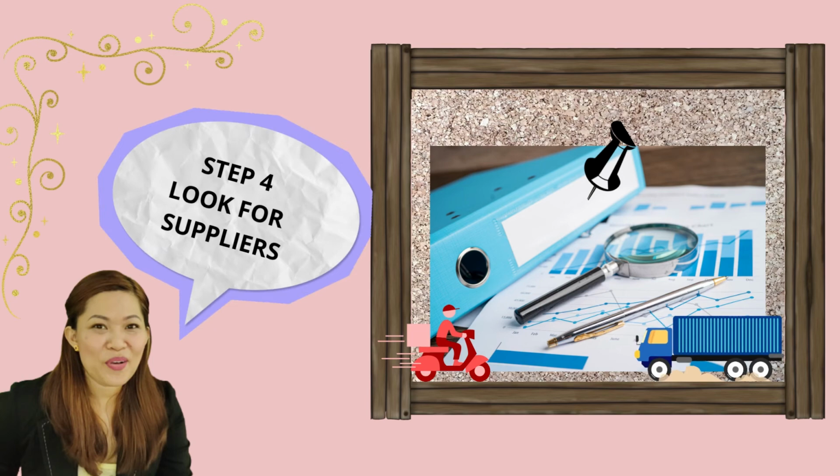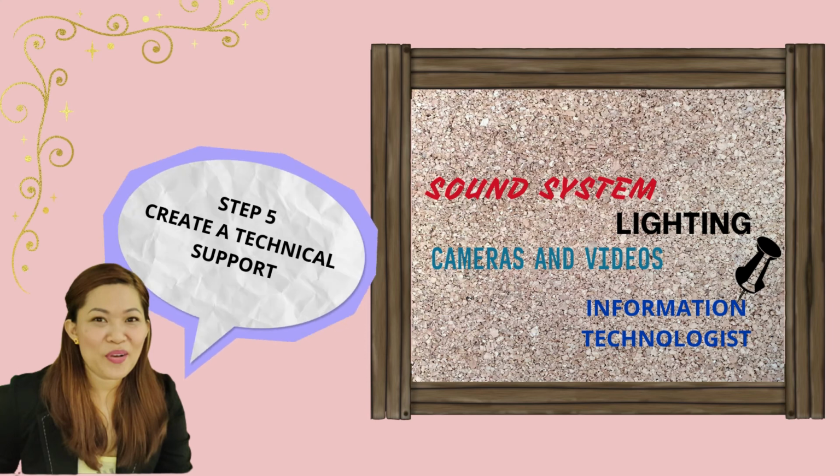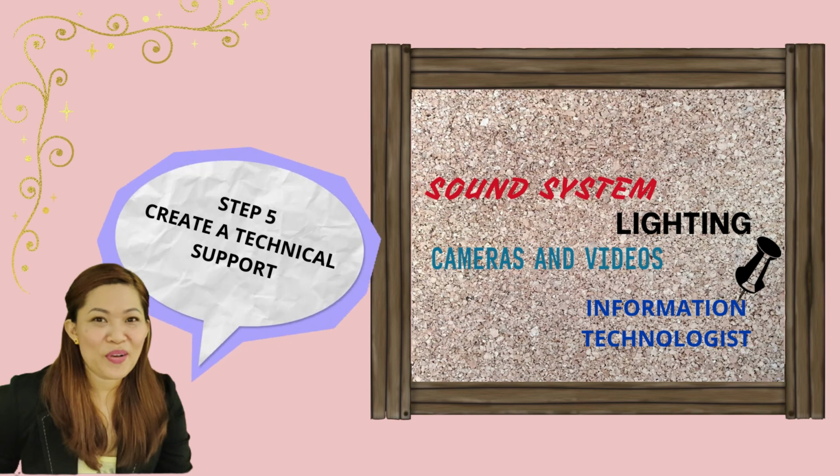For step four, it's better to look for suppliers, usually three or more rather, so that you can get a good quotation on which one offers the best pricing. And also, if one supplier is not available, then you can always have some options as backup. Step five is to create a technical support.